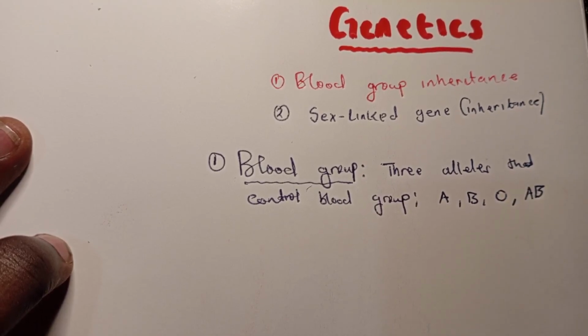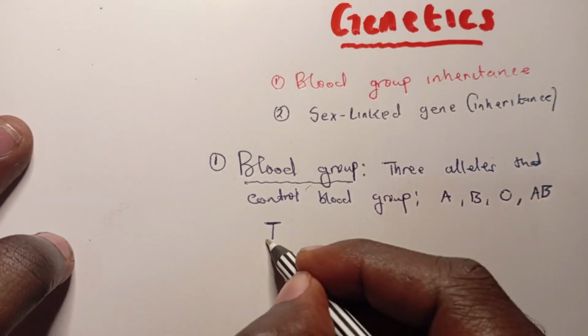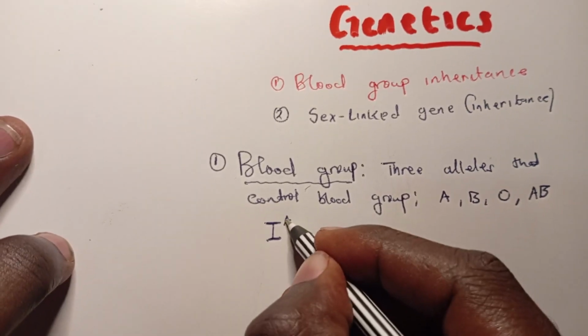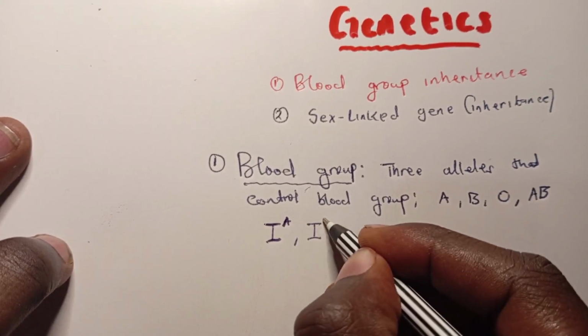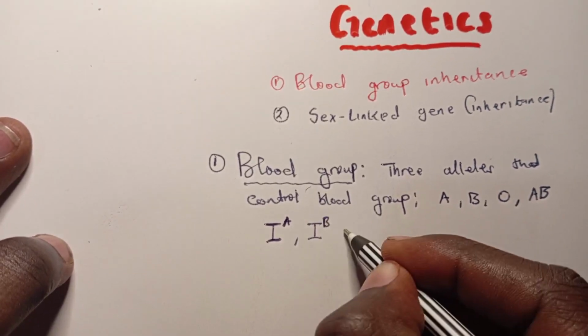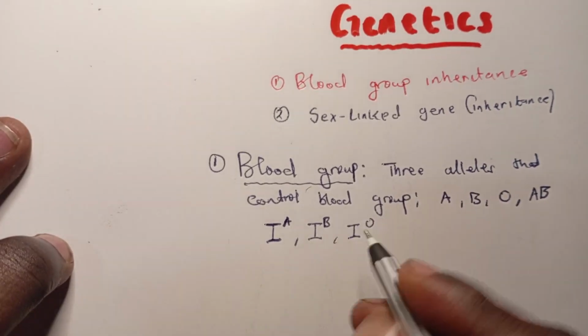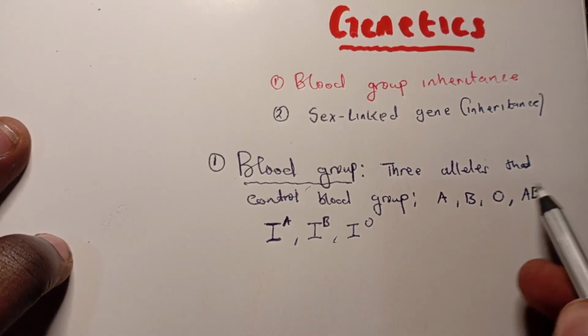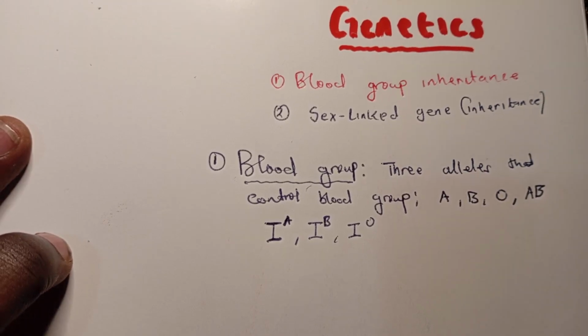And the alleles, we write them using the letter I, and then we put A. So this is blood group A, and then this is blood group B. Now if you have two of these, this is where you get AB, which is codominant. We discussed that in our previous video. It's codominancy.